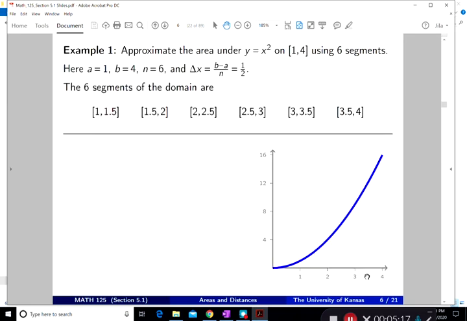And so you start from 1, you add half, you get 1.5, that's the first interval. Then from there, 1.5 plus another half and you get 2, and all the way to the 6th line segment.